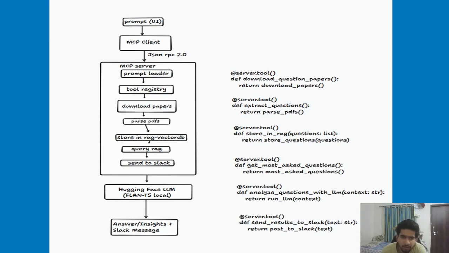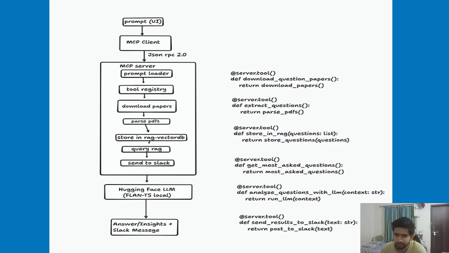I have implemented a RAG pipeline here also. Using the MCP server, we are creating the client. The client is our Streamlit app, and we are giving inputs through the client. Basically, the main thing here is the server, and the server which we have made consists of different tools.